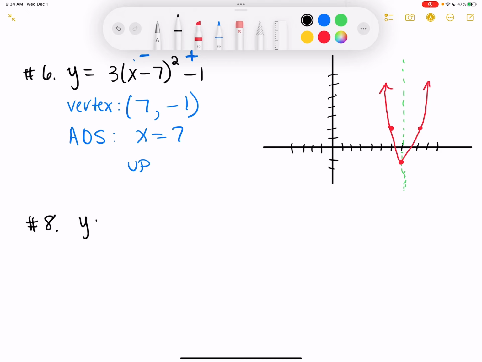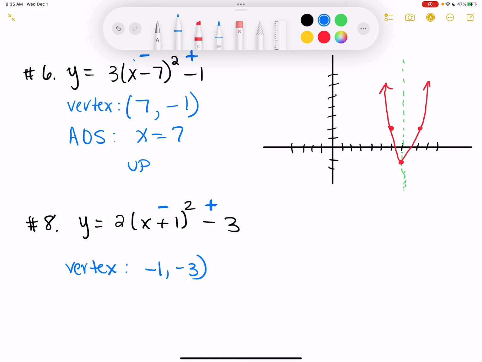All right, y equals 2 times (x plus 1) squared, minus 3. Remember, this one should be negative and this one should be positive. So the vertex would be where? -1, -3.